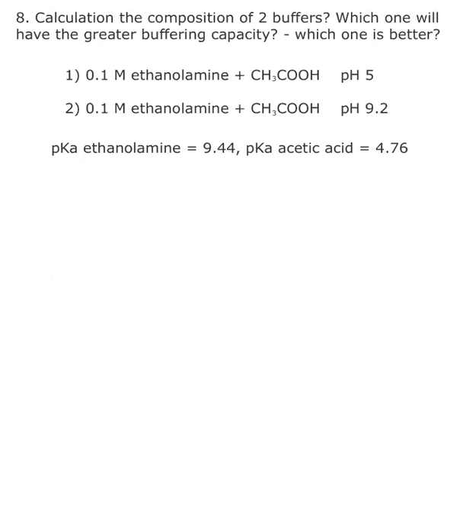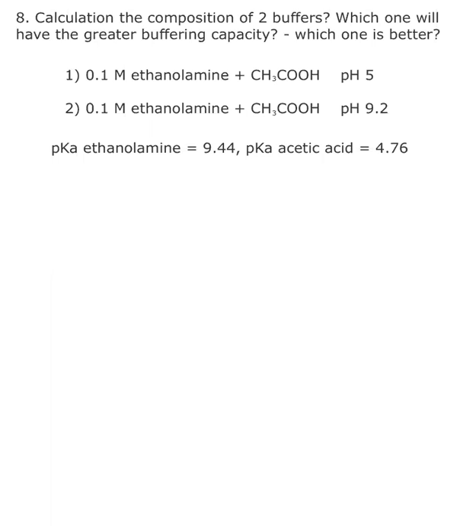So number 8 asks you to calculate the compositions of two buffers, which are composed of the same components, which are ethanolamine and acetic acid. And it also asks you which one of these buffers will be a better buffer. In other words, which one will have the greater buffering capacity.